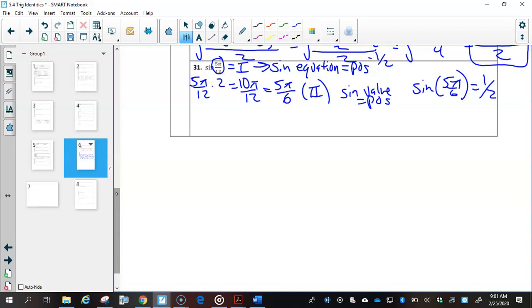So our equation is positive. I'm sorry, we found sine's value, but we need to find cosine's. If you look back at the sine equation, we don't need sine, we need cosine. So that was wrong of me to say what's the sine value. That changes things a little bit.